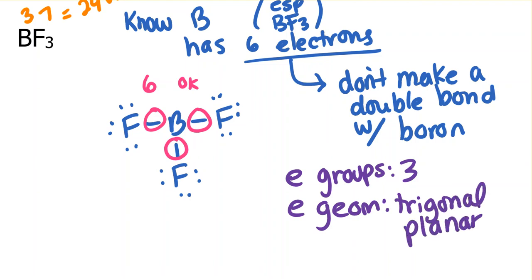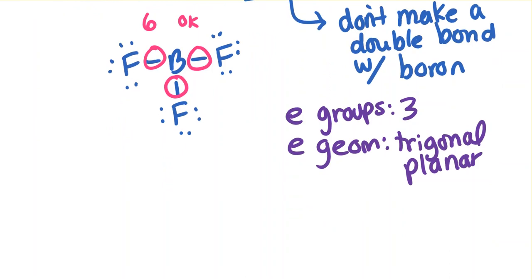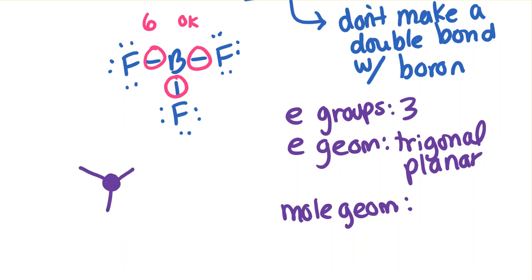If you haven't figured it out yet, you need to have all these names memorized. And then the molecular geometry. So this one, trigonal planar, is where you have basically a flat triangle. And this one doesn't have any lone pairs, so the molecular geometry is the same.